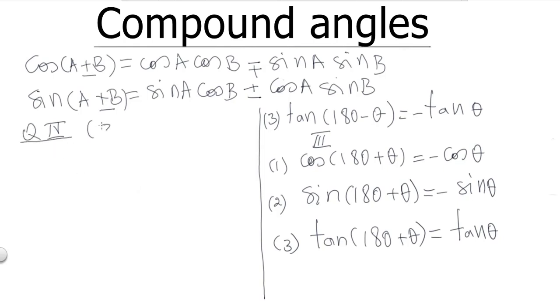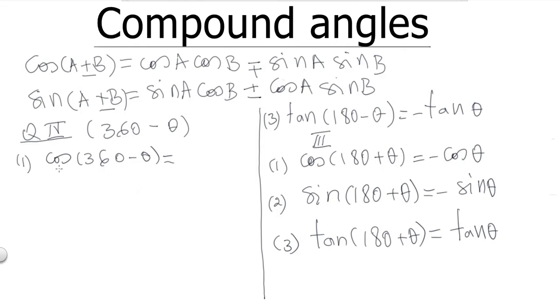Remember, we have 360 minus theta. So 360 plus theta is the first quadrant, okay? But this is the fourth quadrant. Before you pause the video, I want you to look at this: cos of 360 minus theta. What is the answer? Pause the video and give me the answer there.